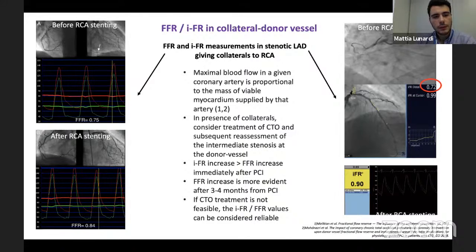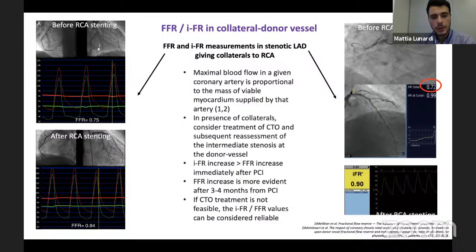On the left of the screen, you can see an FFR example, while on the right, you can see an iFR example. But the concept is exactly the same. We have a stenotic LAD that is giving good collaterals to the territory of the RCA, which is chronically occluded.